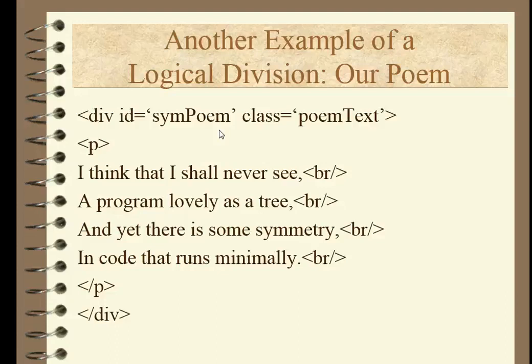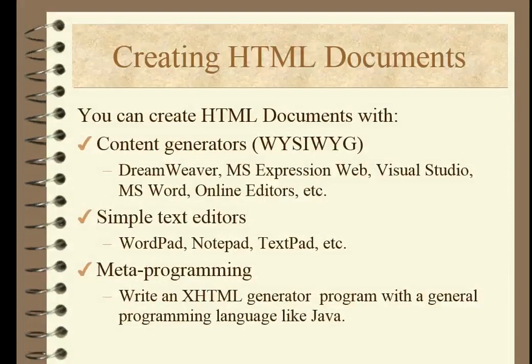A class describes things, and I use that to apply style. And so I might have several poems in the page where they all have a class of poem text, and that's allowed. So that's just a convenient handle to allow me to apply style.